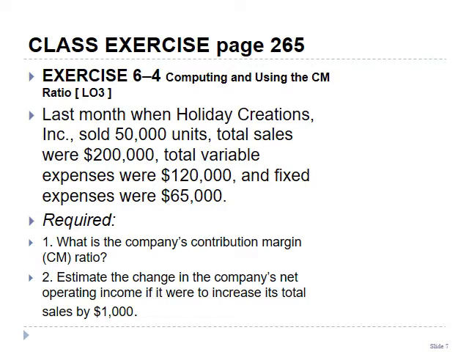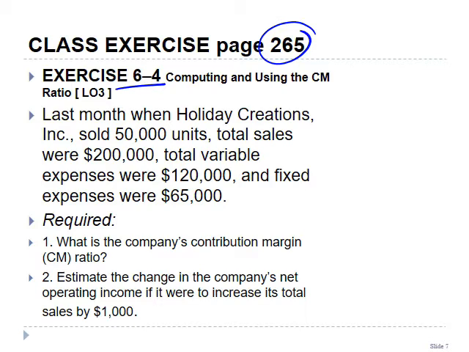So I have taken exercise 6.4, page 265. I'm just going to give you 5 minutes to pause the video and do it by yourself, and after that we're going to solve it together. Okay, let's solve it together. Let me read the question.